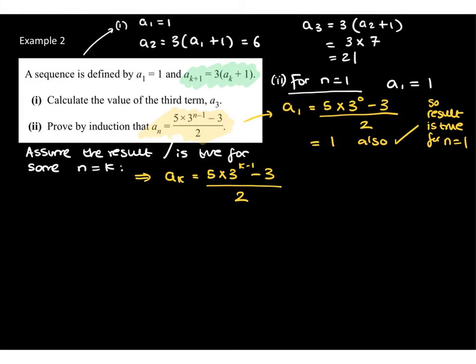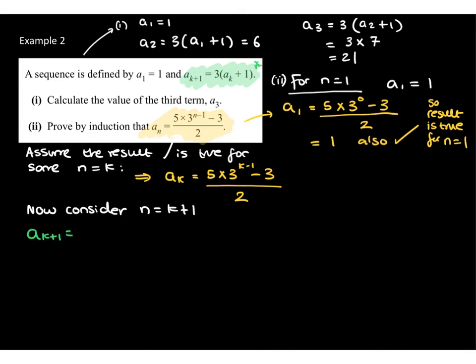So that is my assumed result. So now we need to consider the next term, n equals k plus 1. And our aim is to find ak plus 1 using the recurrence relation here.